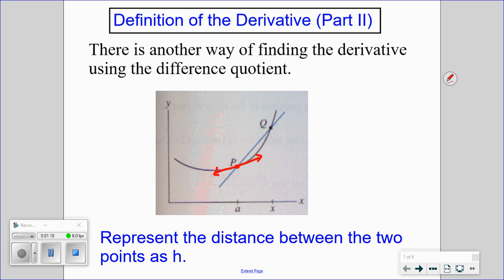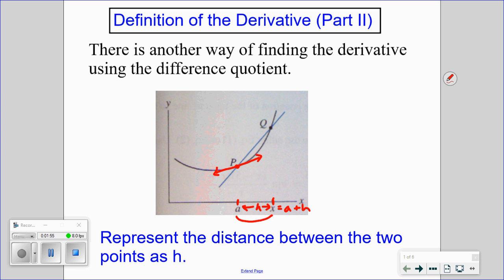But instead of letting x approach a as point Q gets closer to point P, we're going to represent the distance between the 2 points as h. So the distance between x and a is going to be h. That means if this is a, then we can also call this point a plus h, because if we're at a and then we add h units, we're now at a plus h.